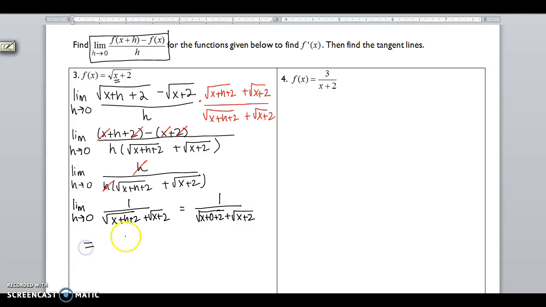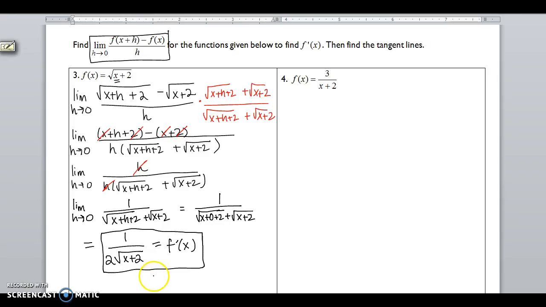And so that is 1 over 2 square root of x plus 2. We have 2 of those in the denominator. And that is our equation for f prime of x. So 1 over 2 square root of x plus 2.